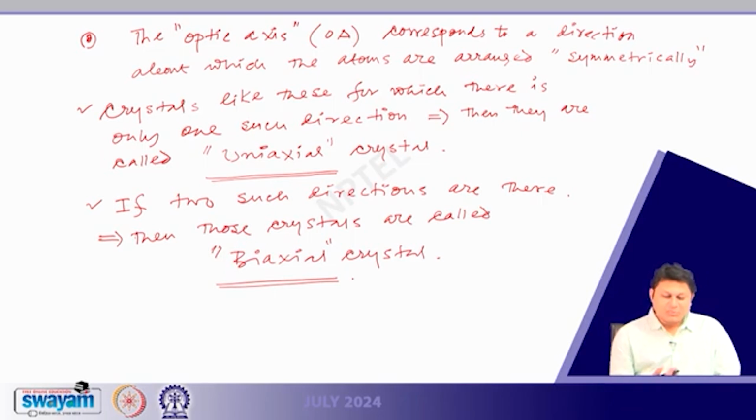So, the direction of the optic axis inside the crystal determines whether they are uniaxial or biaxial. Several kinds of crystal are there, and we will show which ones show this kind of characteristics.